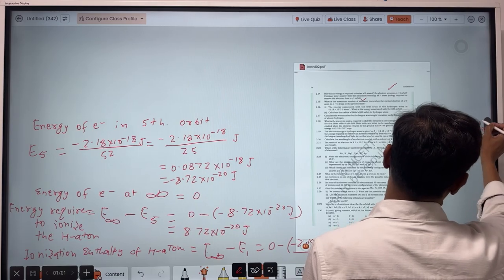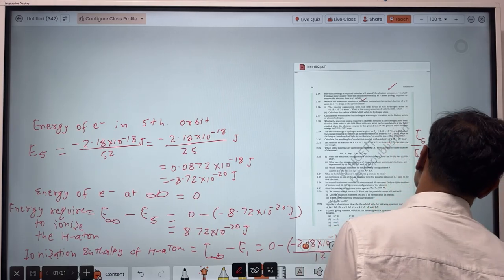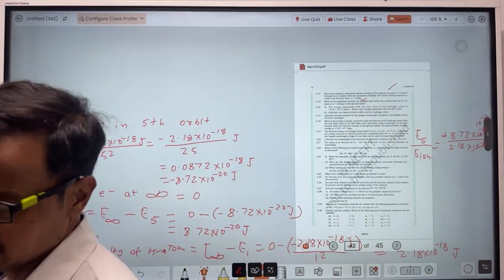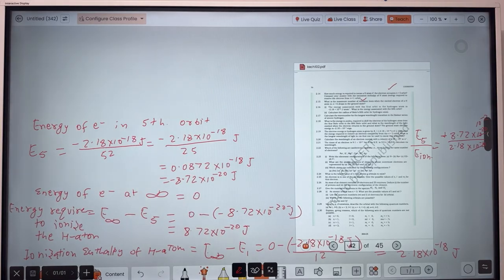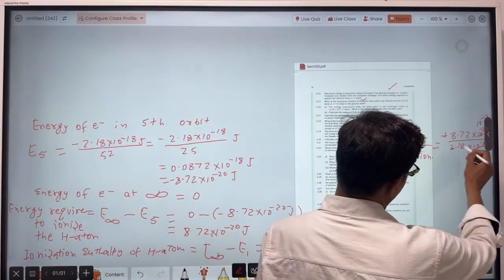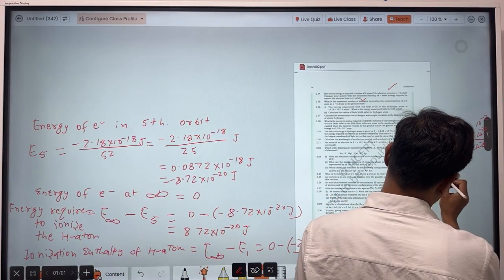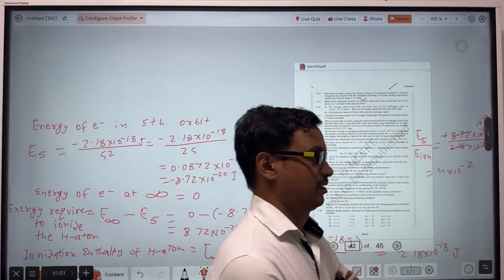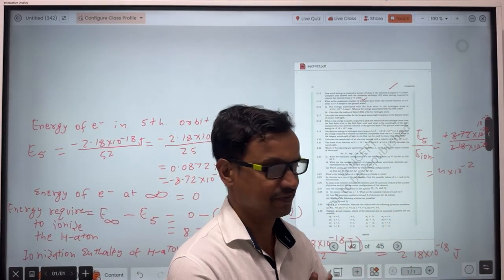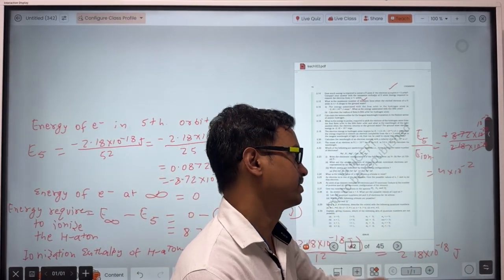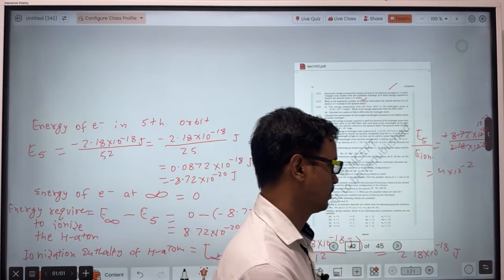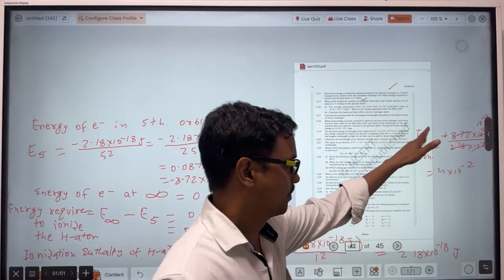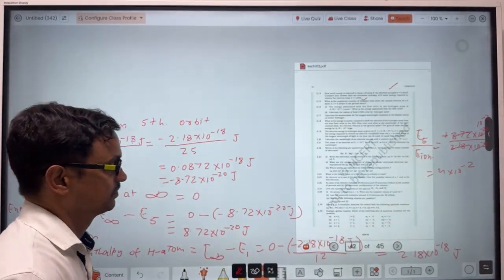So here it will be 10 power minus 2 and 8.72 divided by 2.18, which is 4. So that equals 4 into 10 power minus 2, that is 0.04 times. So the ionization enthalpy, or ionization enthalpy upon E5, we can also find out.